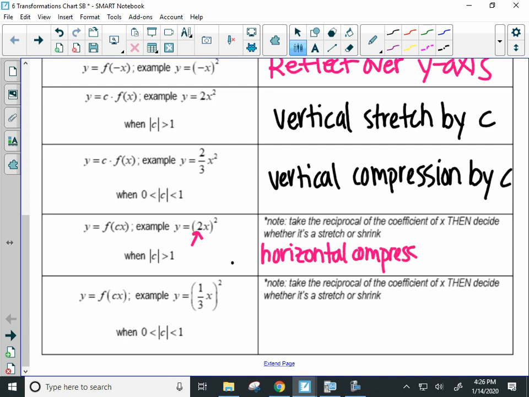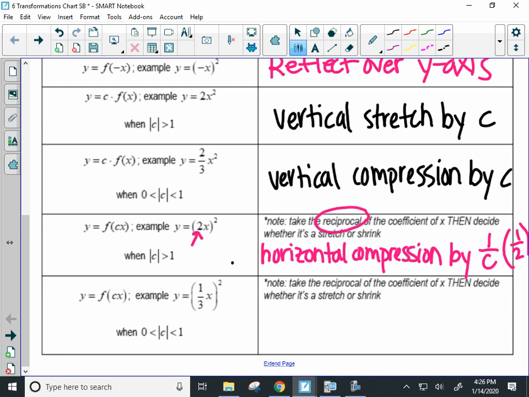Now, it's a horizontal compression by the reciprocal of that number. So it's a horizontal compression by 1 over c. Or in my example, that'd be by 1/2. So if I see a 2 there, that's horizontal compression by its reciprocal, which is 1/2.